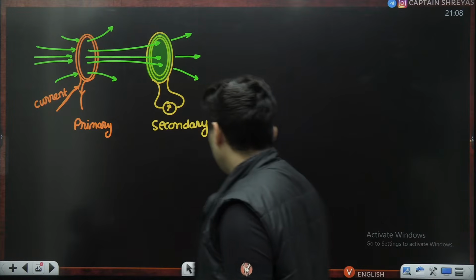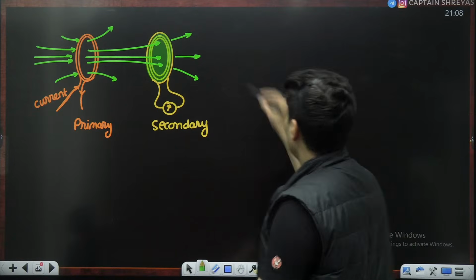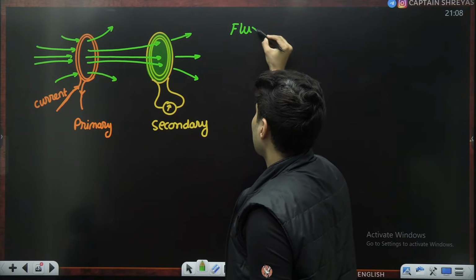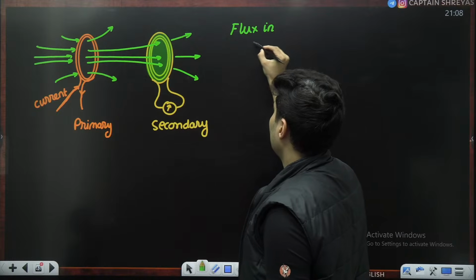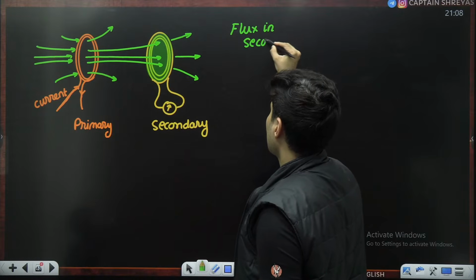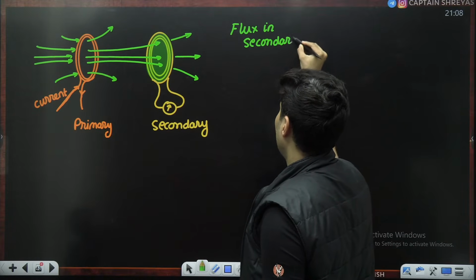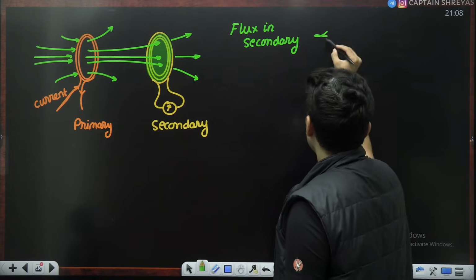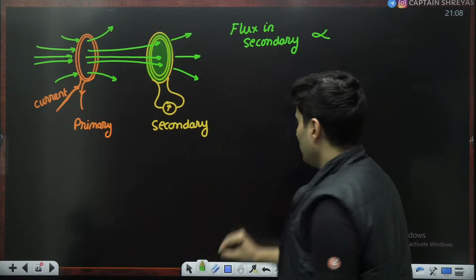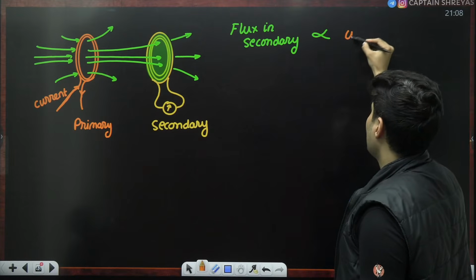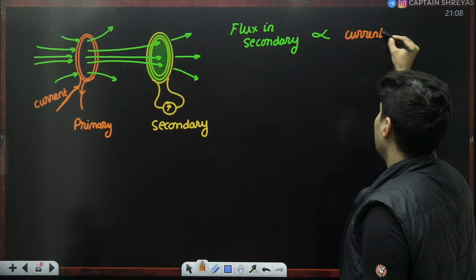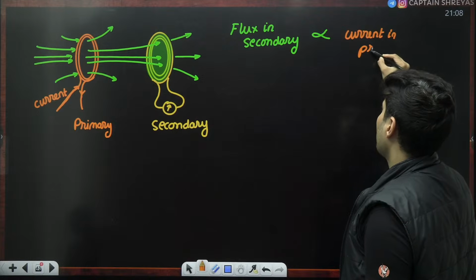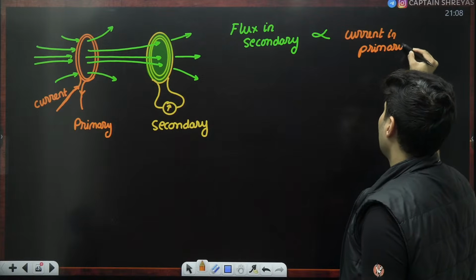Similarly for this, when you look at the flux in the secondary, the flux which is linked in the secondary will be proportional to how much current is there in the primary.